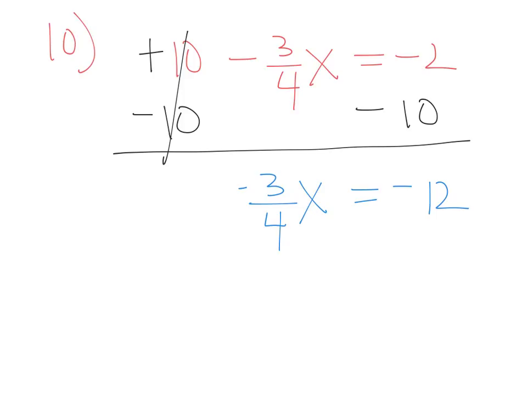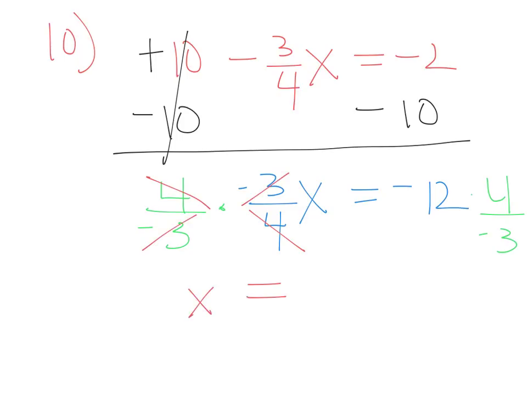Now, I'm going to multiply both sides by the reciprocal, 4 over -3. On the left side, everything cancels. And you get x is, on the right side, if I put -12 over 1, -3 goes into -12, +4 times, 2 negatives. These 2 negatives cancel out and make a positive. 4 times 4 is +16.